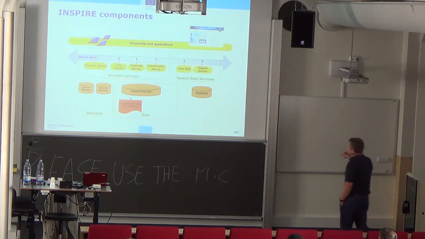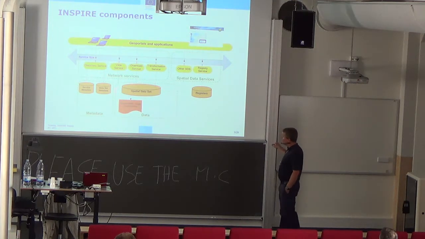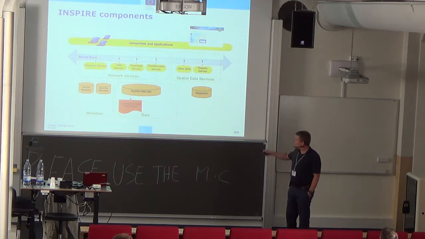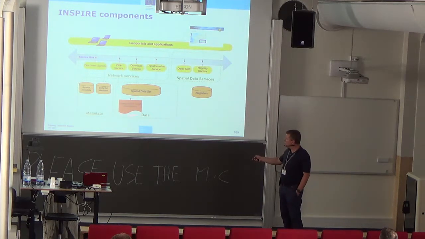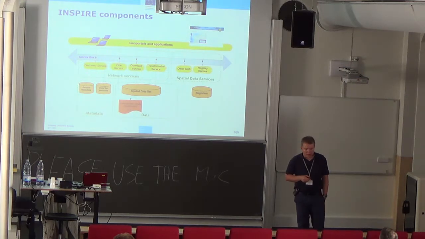So we said the crucial or the major component of the spatial data infrastructure of Inspire is actually spatial data. And for spatial data, if we want to achieve interoperability between different themes, we need to use interoperability target specifications.